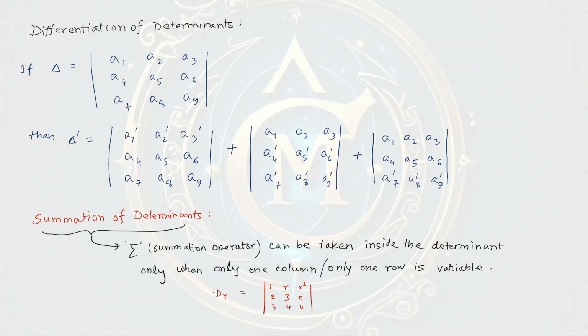So you can directly apply sigma operator here. Then this sigma will go to the variable row because only this row is variable. So that means this becomes determinant summation 1, summation r square, and the rest of the determinant remains same. So you need to keep this point in mind.